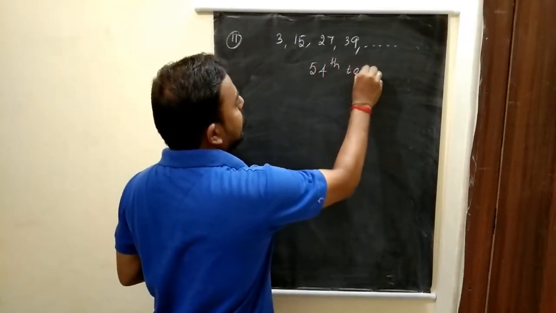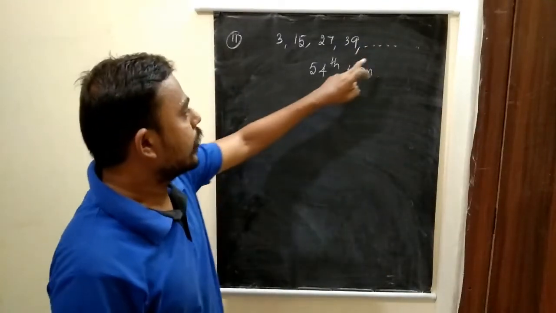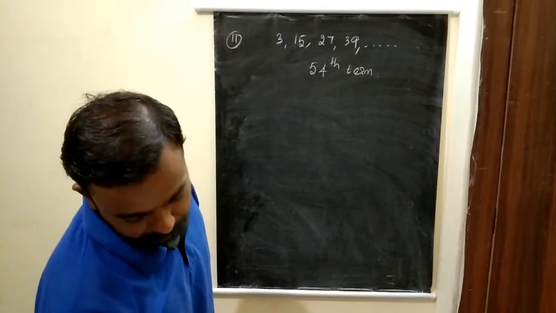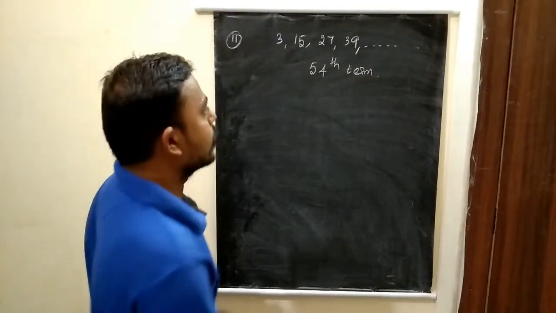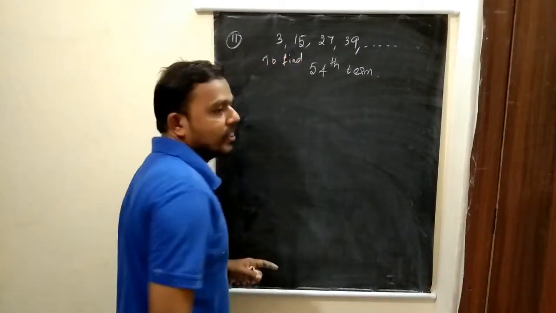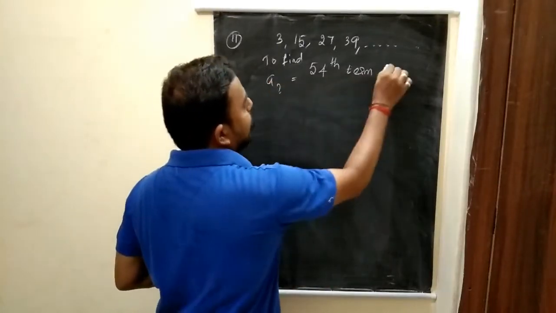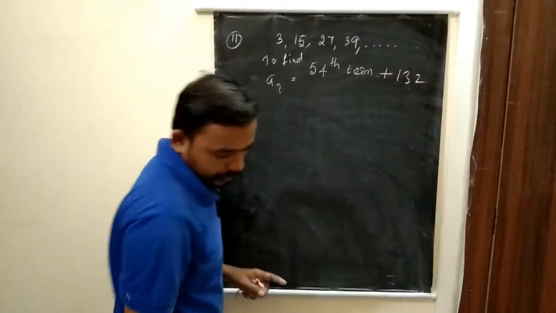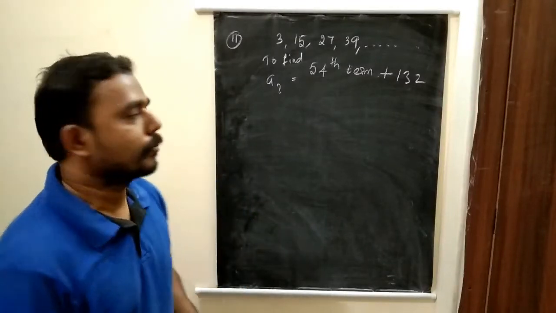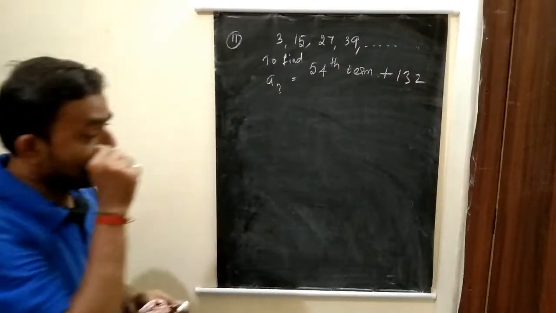You need to find which term. That is, an equal to the 54th term plus 132. So we need to find the 54th term, add 132, and using this find our n value.